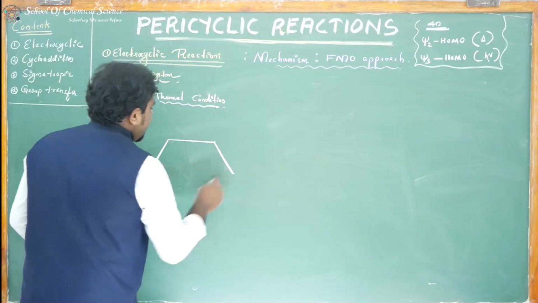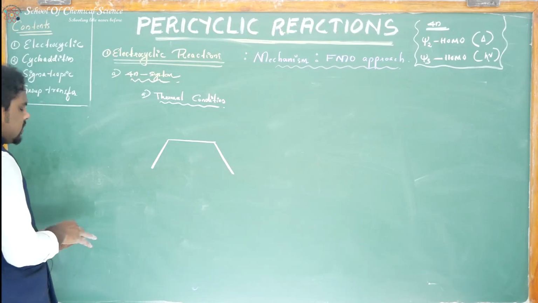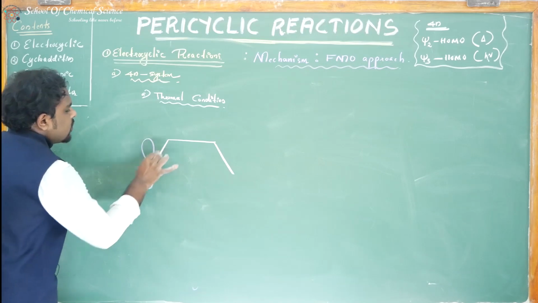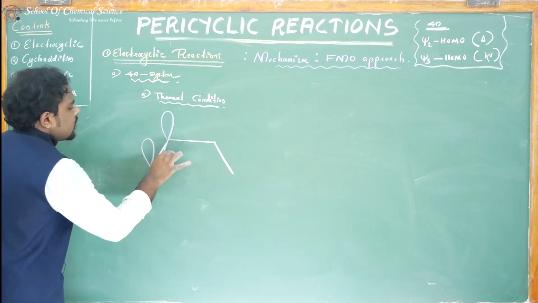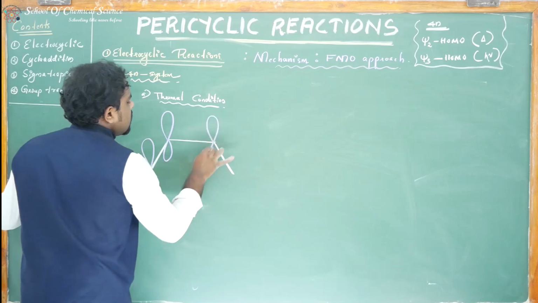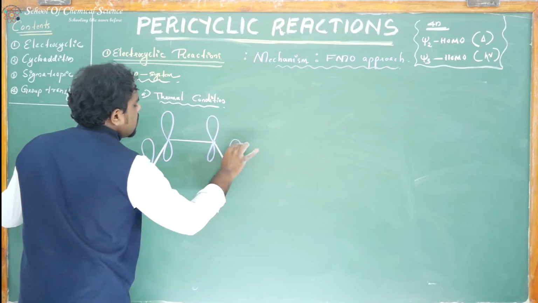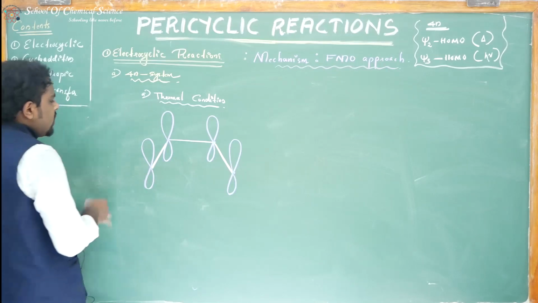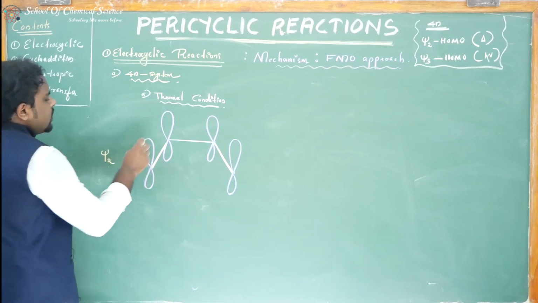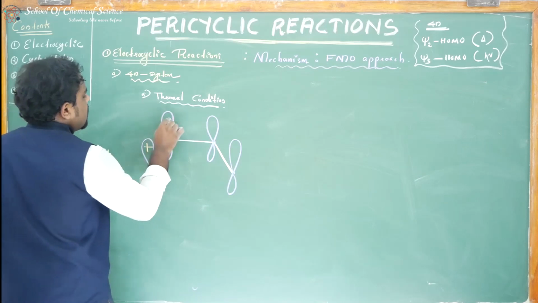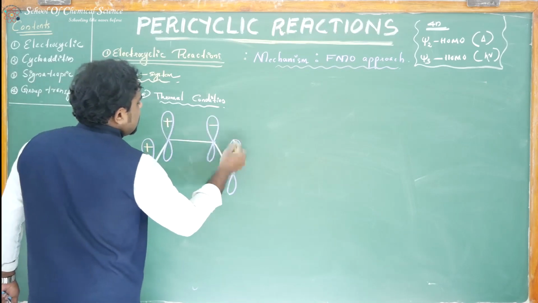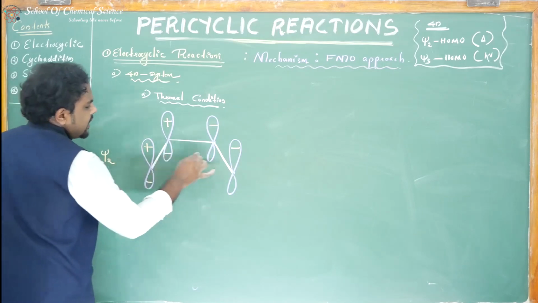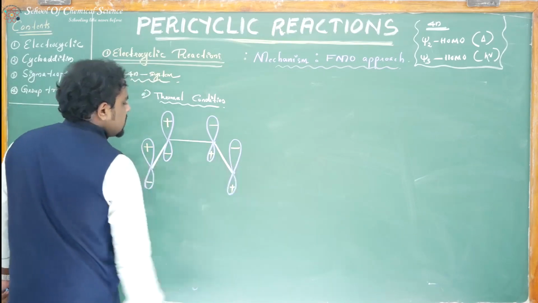This is 1,3-butadiene, a diene system, and psi 2 is the HOMO. Okay, what about the sign of psi 2? Plus, plus, minus, minus. Upper lobe is plus, then lower lobe is minus, minus, plus, plus.